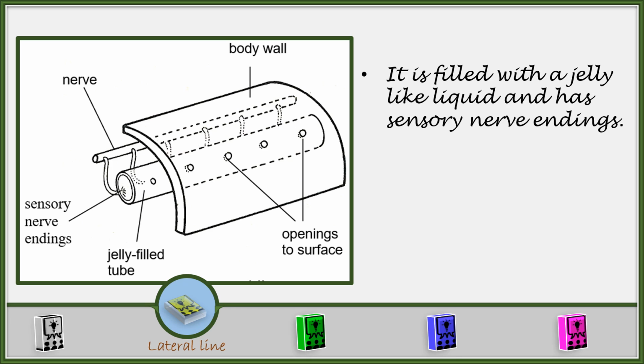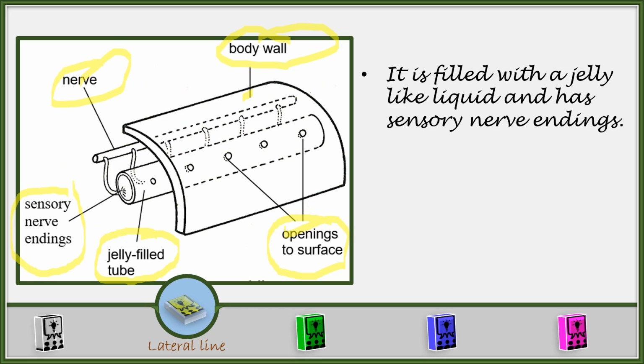So this is our lateral line. It has an opening to the surface. This is the body wall here. And then here we have some openings to the surface. These openings are in a gel-filled tube, which is connected to the nerve by the sensory nerve endings.